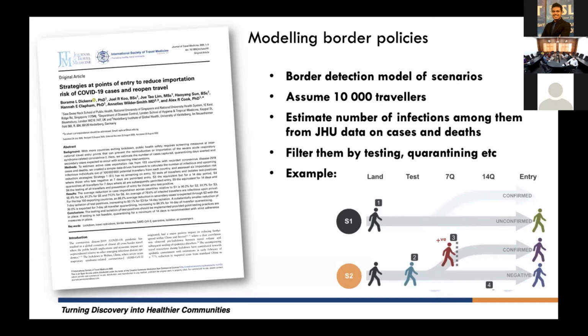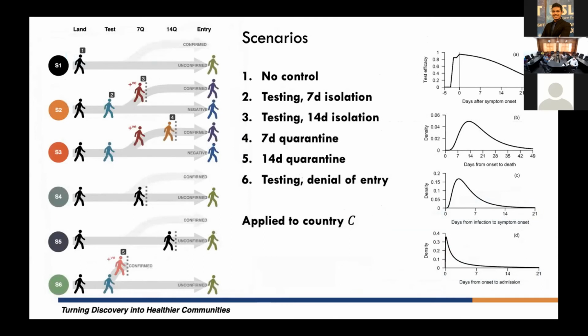We've already published some work on this, but what we're looking at now is a much larger set of scenarios. It goes beyond just the 6 that I'm mentioning here, to assess the impact of some of the border policies that the government is currently looking at, such as doing rapid tests on arrival at the airport.